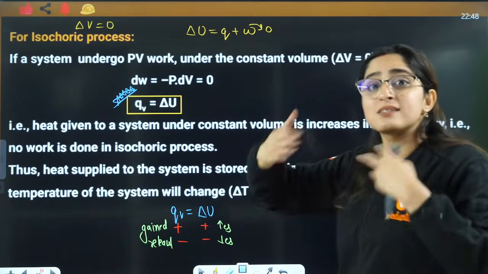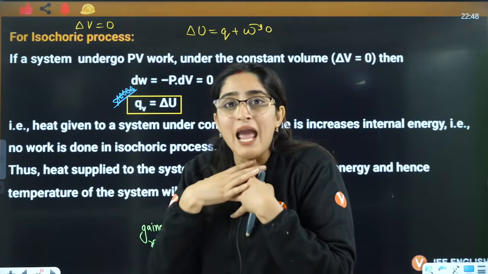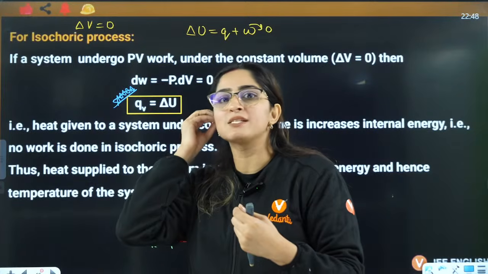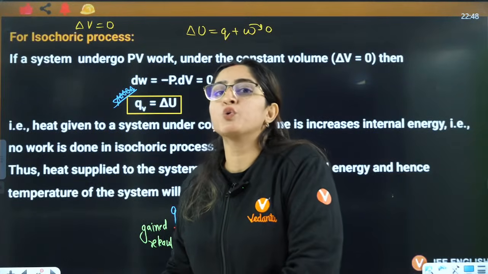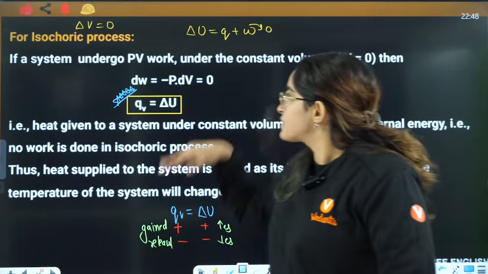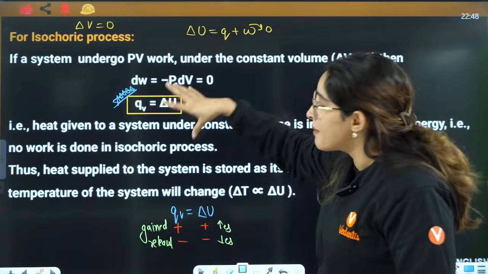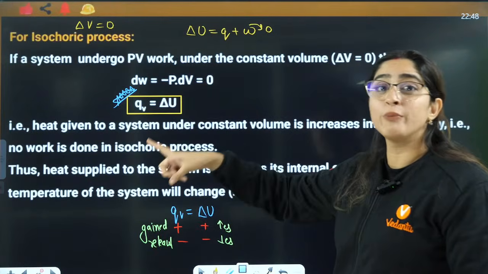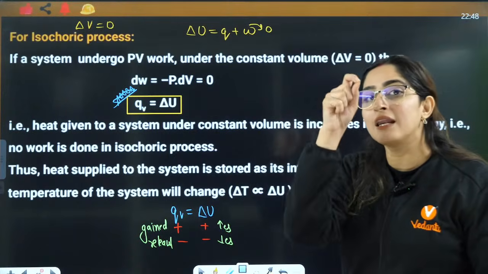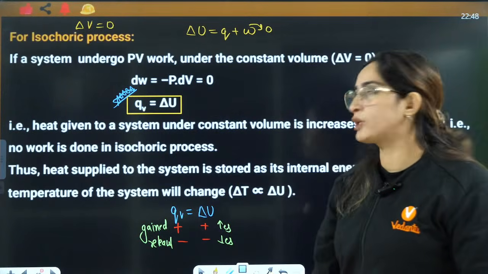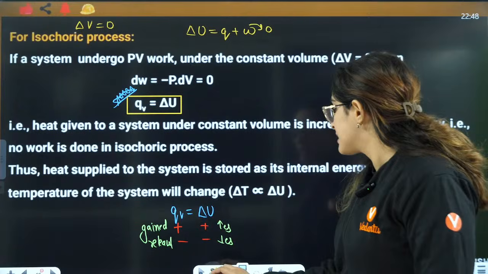For example, if someone gives you something and you're not going to use it, it will stay with you. Same thing, if you give the system some heat at constant volume, it will stay as internal energy. Internal energy is going to increase in this case.